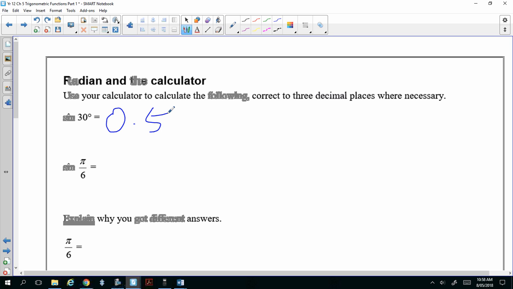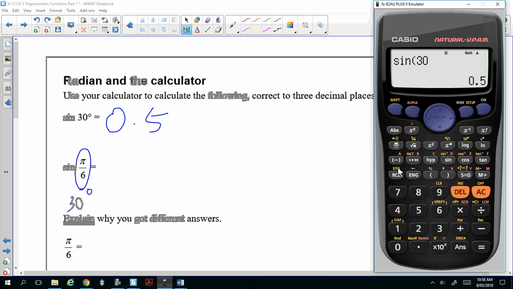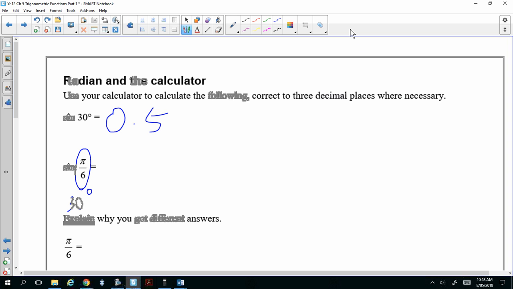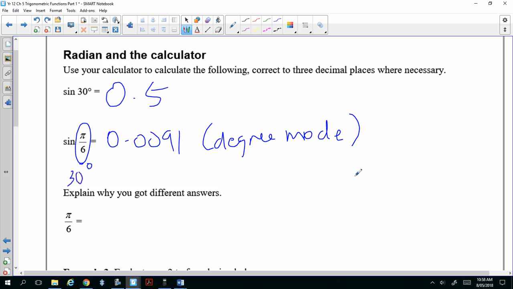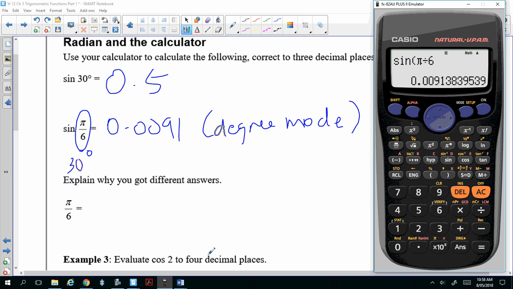Now let's see if your calculator gives you the right answer when you type in pi over 6 in degree mode. It gives you 0.0091. Now, why doesn't it give you the right answer? The way to explain it is, if you type in pi over 6 on a calculator, you will get the answer 0.5235.